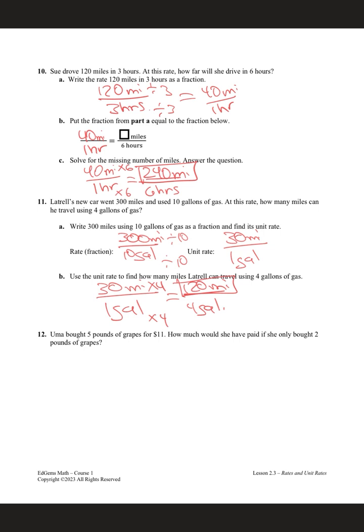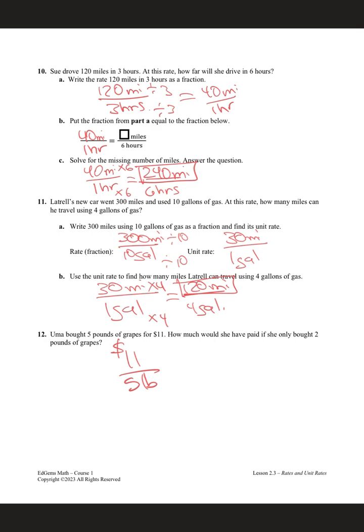All right, number 12. On number 12, it says Uma bought 5 pounds of grapes for $11. How much would she have paid if she only bought 2 pounds of grapes? So here we go. In situations involving money, money usually goes on the top. So it's $11 for 5 pounds.